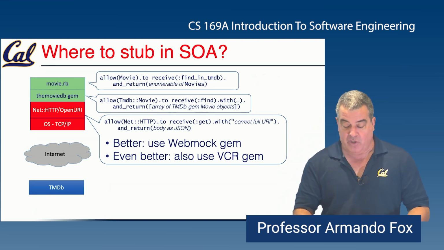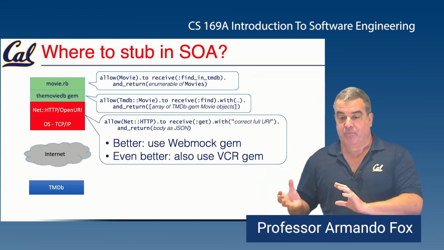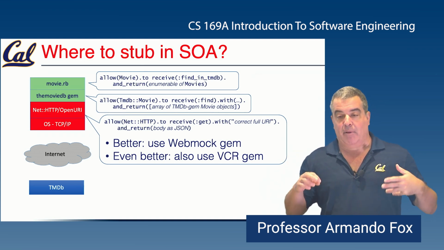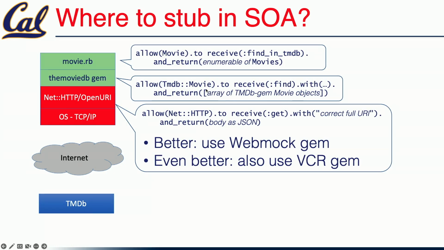So we could stub at the level of HTTP and give back the JSON blob, and now whatever is parsing that, like the TMDB API gem, which then passes a result back to our Movie class, all of that is now included in the code that's actually being run.